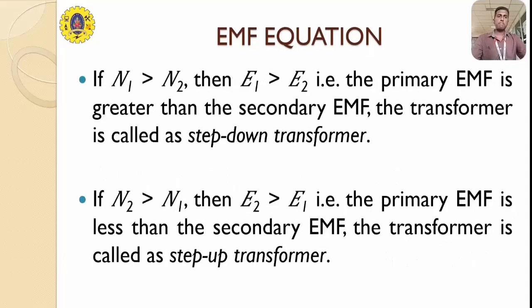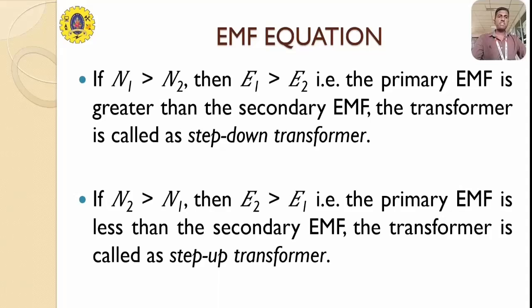Now we have two conditions. In the first condition, the number of turns in the primary is greater than the number of turns in the secondary. So in the primary we have a higher number of turns in the coil, and in the secondary it is comparatively lower than the primary. So what will happen?